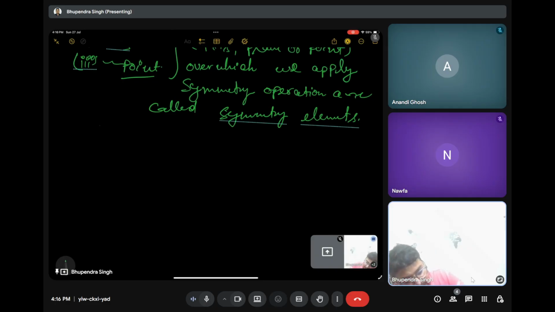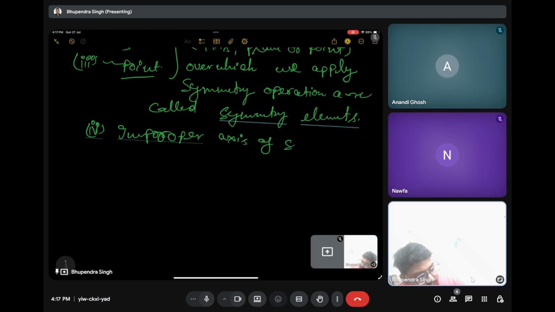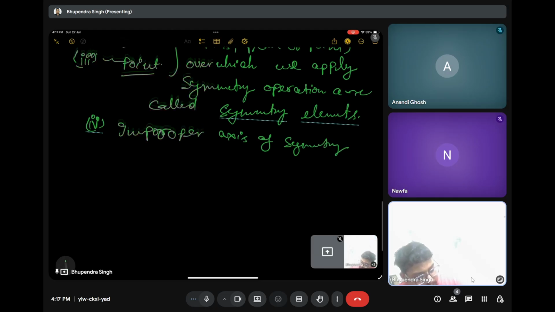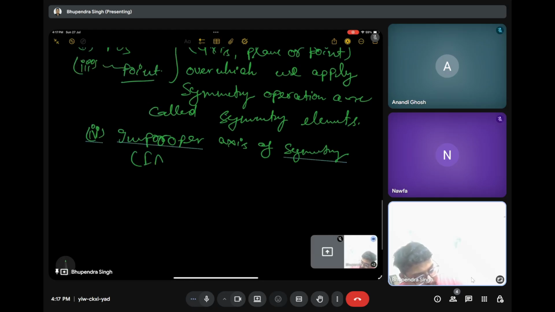The next one, the fourth one, I have forgotten, I think it is the improper axis of symmetry, IAOS.